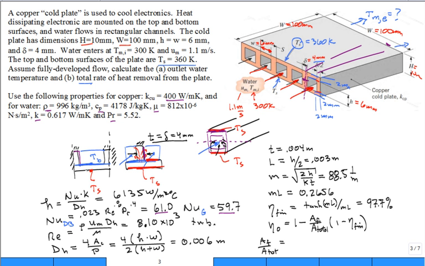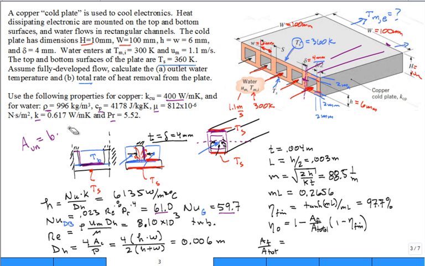Well, if I look at it, you can maybe see it from this illustration. The area base is going to be the width B times the length.